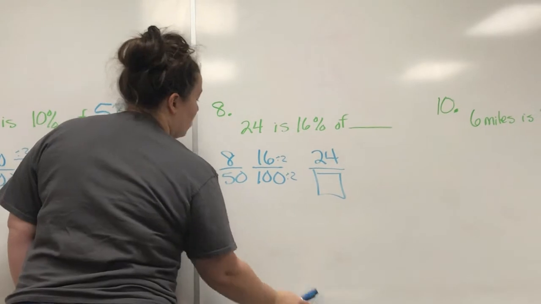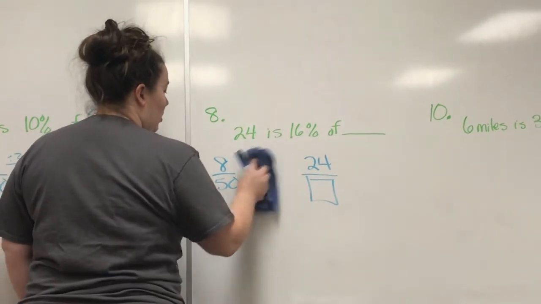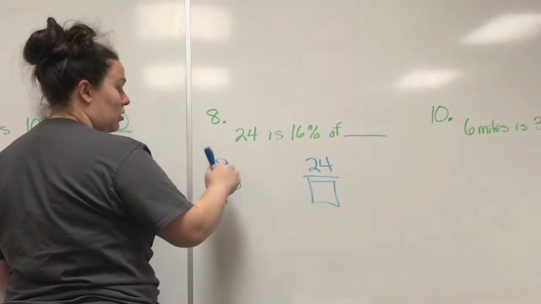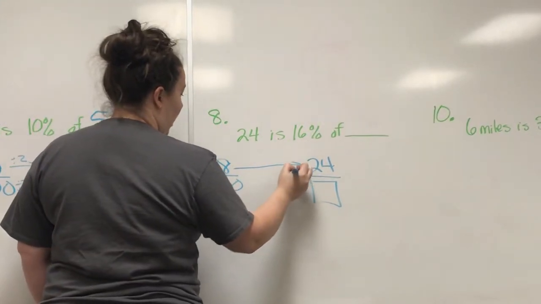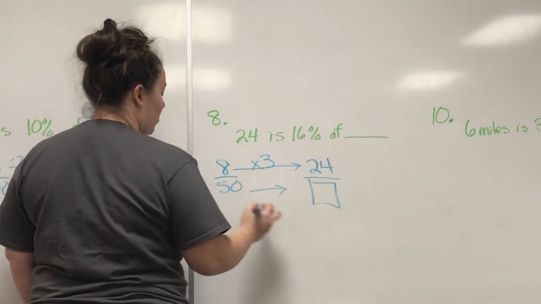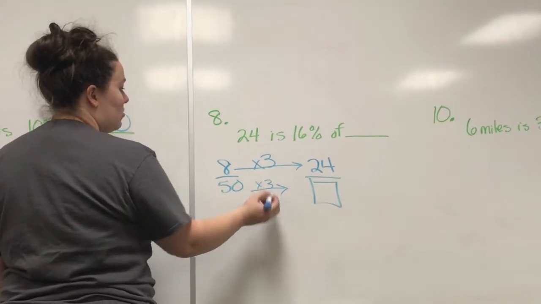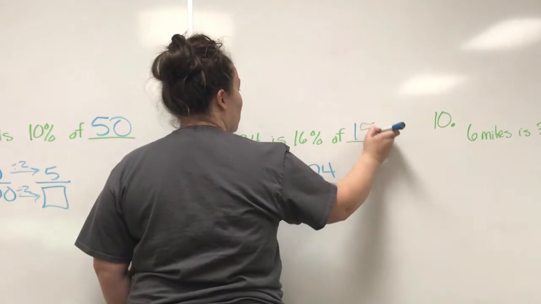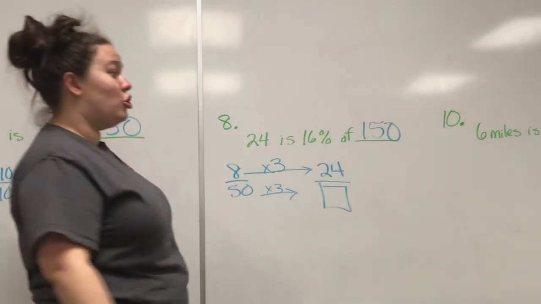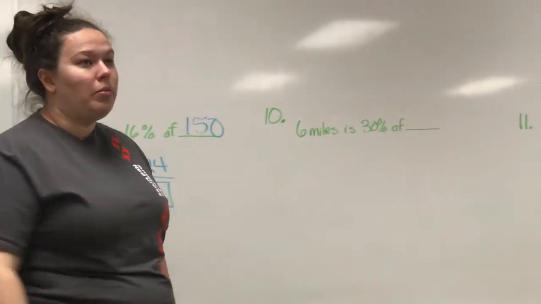I know that 8 and 24 get along. Okay? 8 times 3 gets me 24. Do the same thing to the bottom. 50 times 3 is 150.